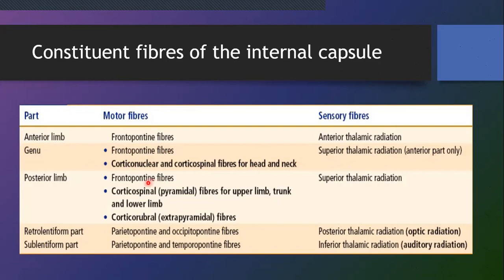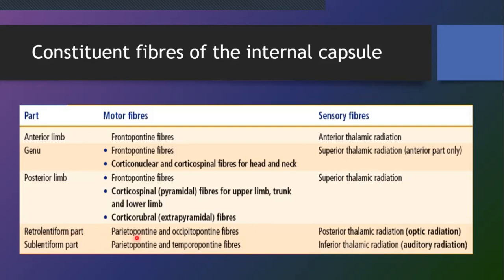Then the posterior limb will have frontopontine fibers, corticospinal (pyramidal) fibers for the upper limb, trunk, and lower limb, and also the corticorubral fibers. Sensory fibers in the posterior limb are the superior thalamic radiation.